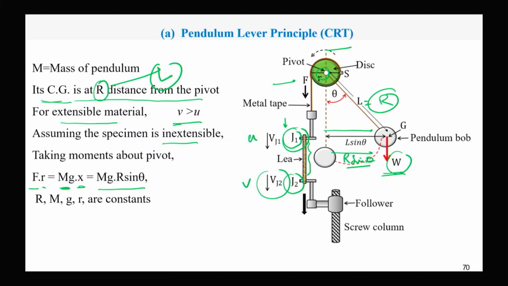M, g, R, capital R are all constant. So we can consider that the force applied on the material is proportional to sin theta, where theta is the angle of deflection of the pendulum.